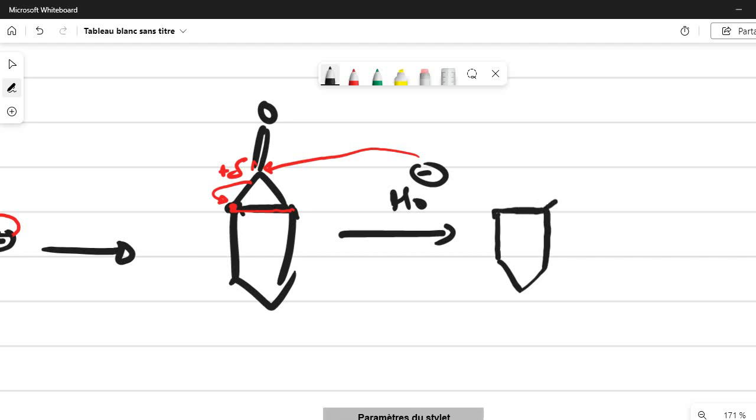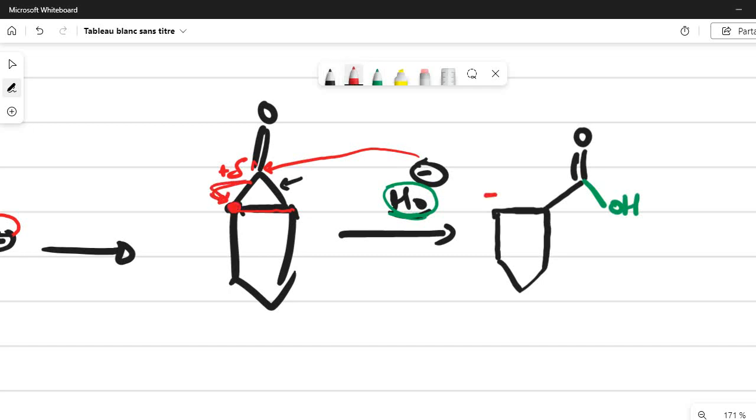And C=O, and there is an oxygen, the OH that I highlighted here in green. So I write OH here, and then I have a negative charge on this carbon, so I can write a formal charge on the carbon.